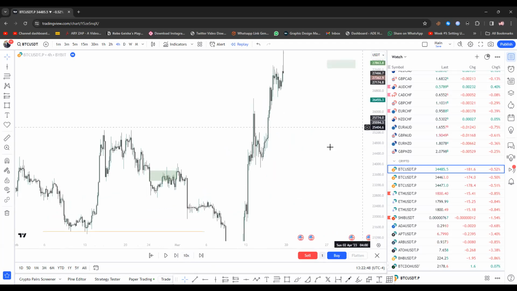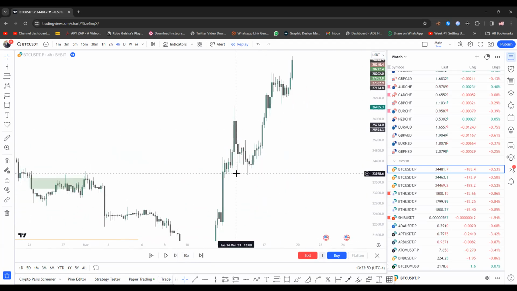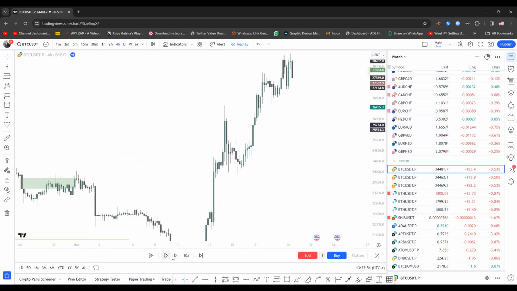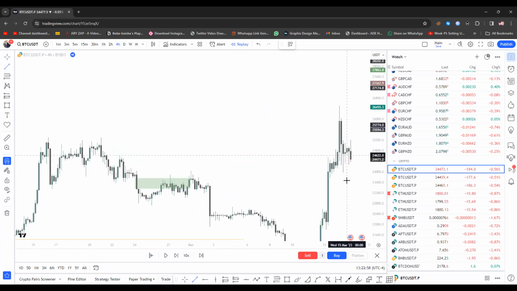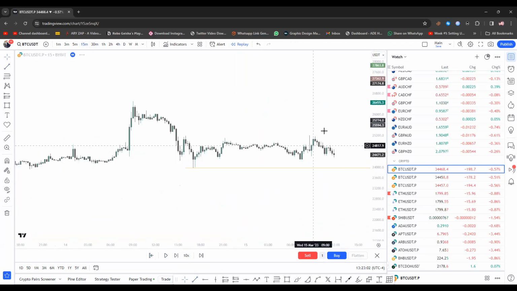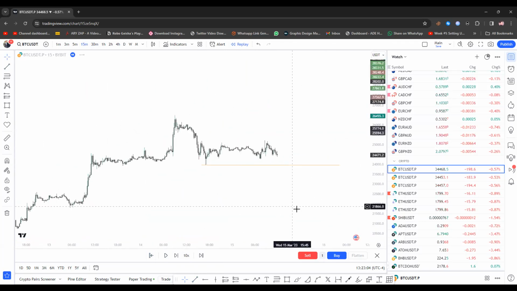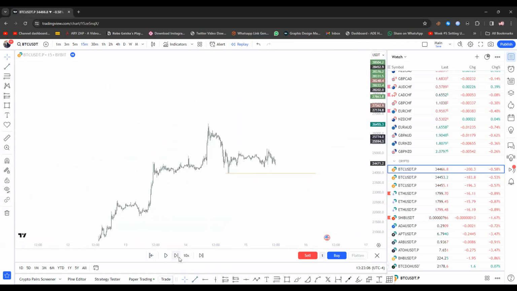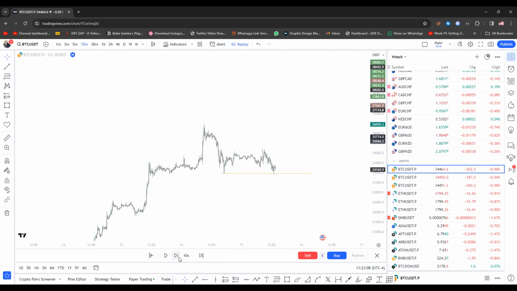Then look right here. This is an H4 low, right? It is raided. Now if I go into the low time frame from this H4 low, the low time frame of H4 is M15, right? So if I go into that, just see the expansion after that.